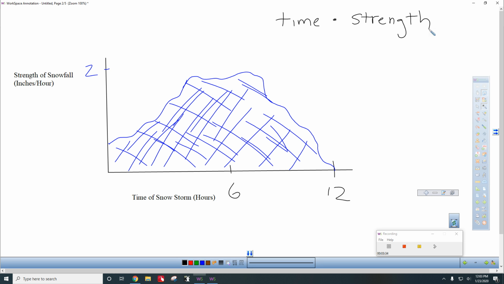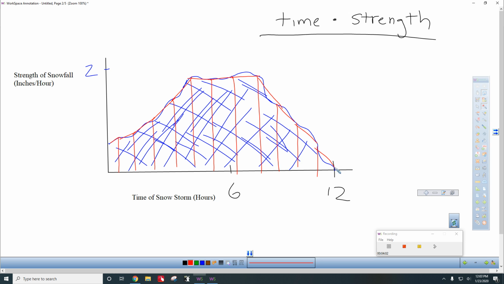We're adding up all of these things. Let's say we divided them up into little trapezoids, a trapezoid, a trapezoid, and so on. That would be a nice approximation of the area.